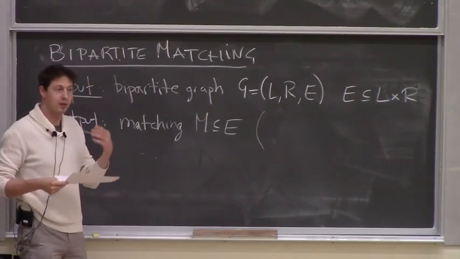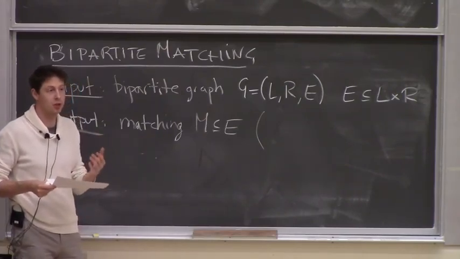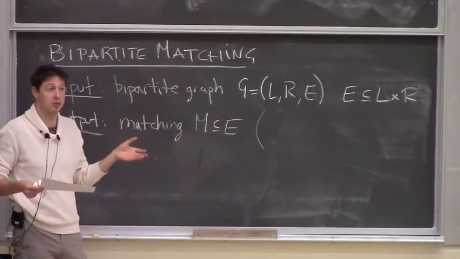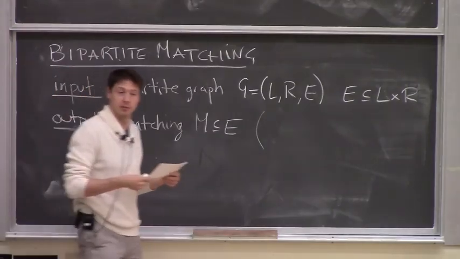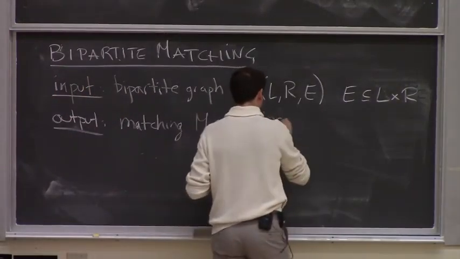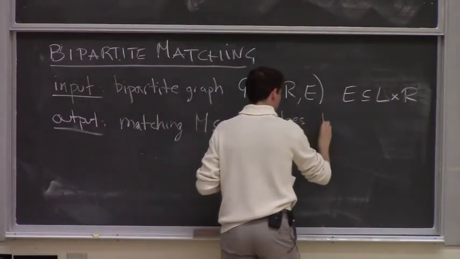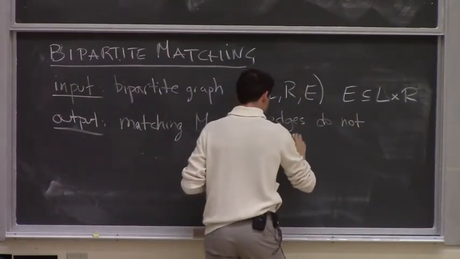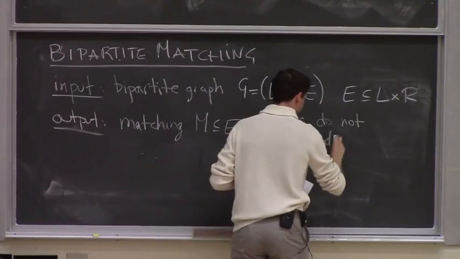Right, so every vertex participates in at most 1 edge. Another way to think about it is that edges don't collide, right? So they don't share endpoints, okay? Edges do not share endpoints.